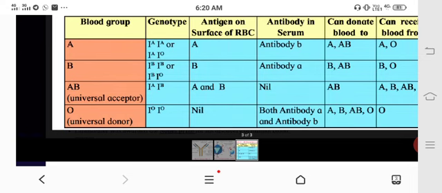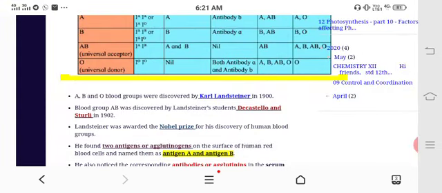Now the RH factor. RH is the most complex of the blood group systems.